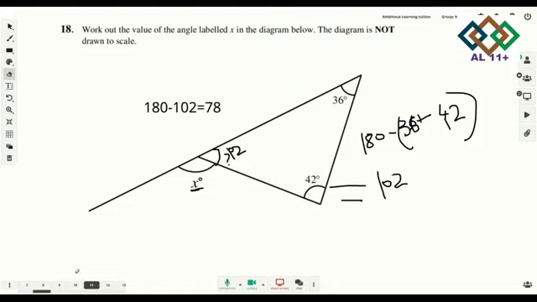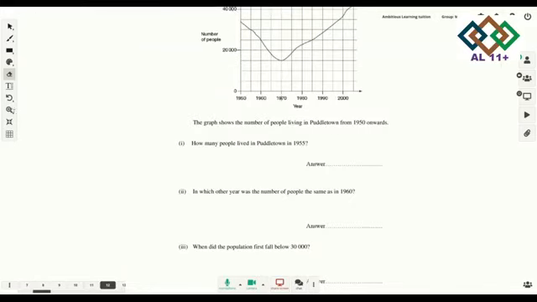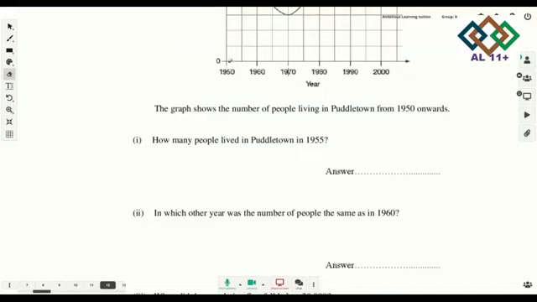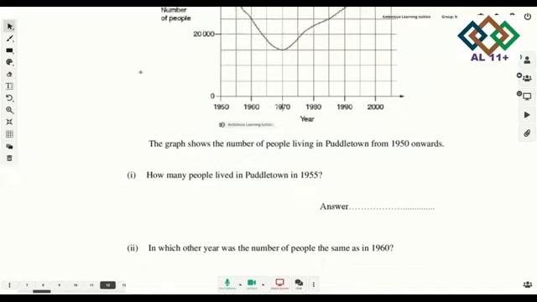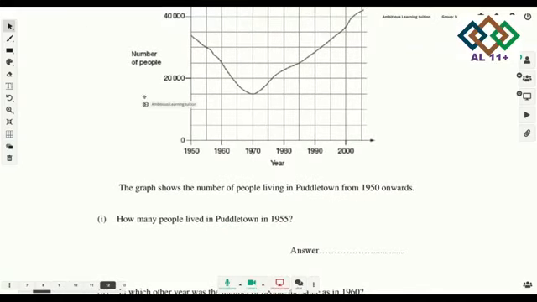So let's move on to the next one now. Number 19. So let's do number 19 now. I'll zoom in again. Number 19. There's a graph given to you and they ask how much is the population in 1955.